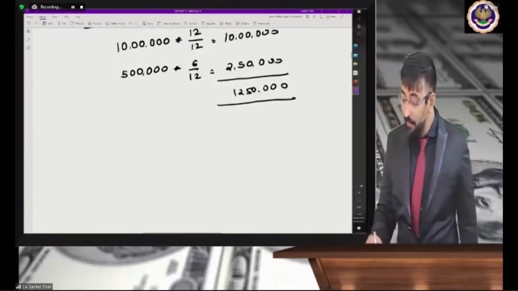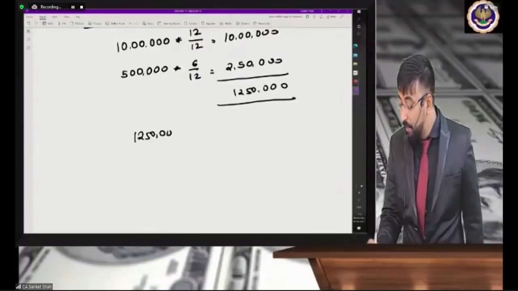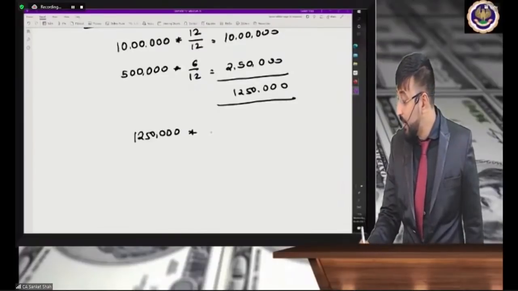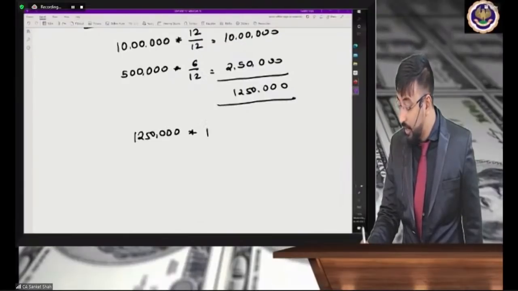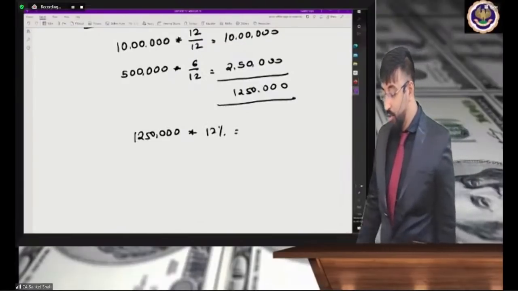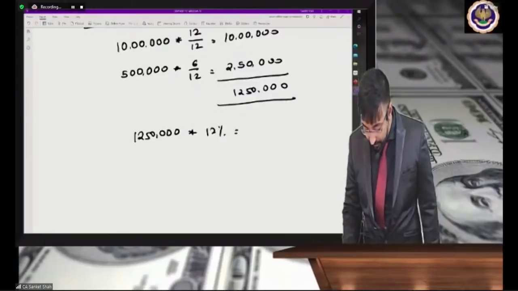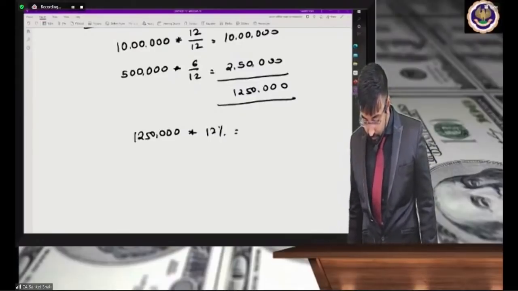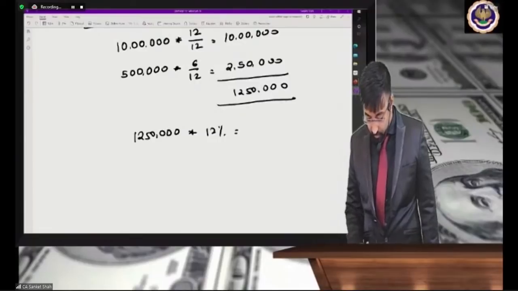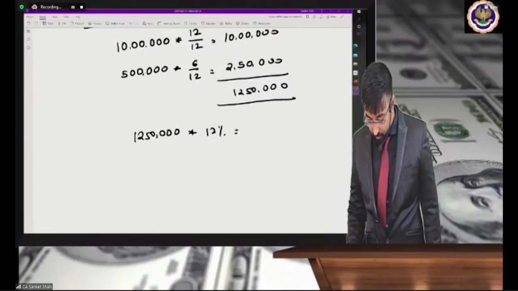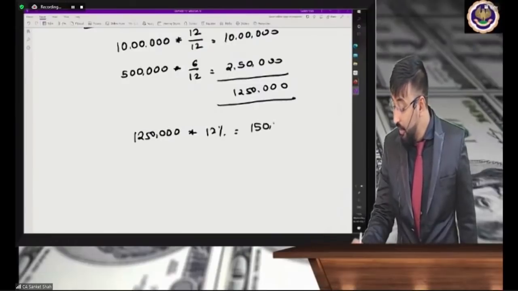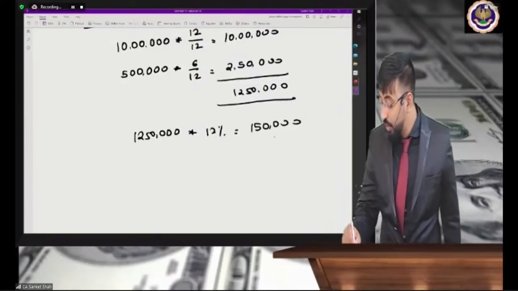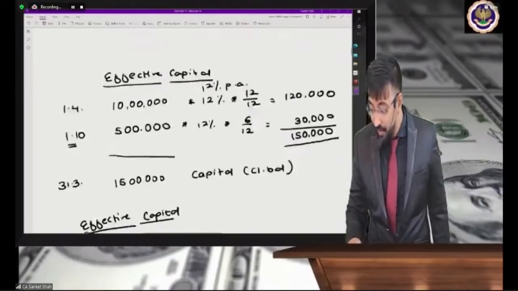And 12,50,000 multiplied by interest rate. Now you don't have to calculate this for 6 months and 12 months separately. You can directly consider 12% per annum. So 12,50,000 into 12%. Yes, beta. 1,50,000. So we are getting the same answer, 150 and 150.